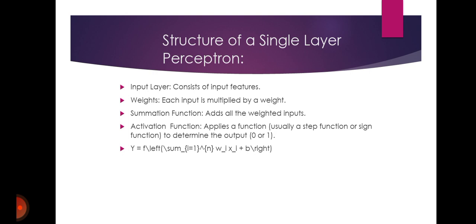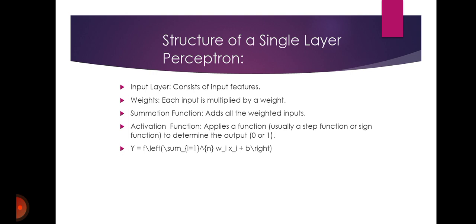Weighted sum. Perceptron calculates the weighted sum of the inputs, effectively combining input features based on their assigned weights. Activation function. The weighted sum is passed through an activation function such as a step function or sigmoid function to determine the output. Output layer. The output layer is used to provide the final classification result, usually a binary value of 0 or 1.